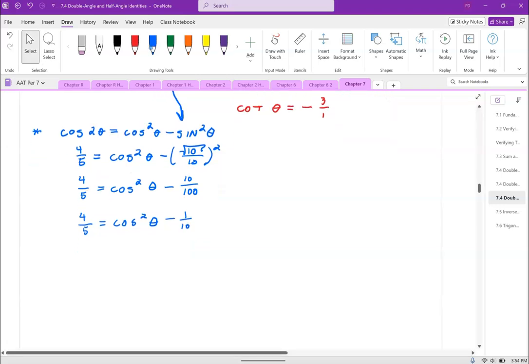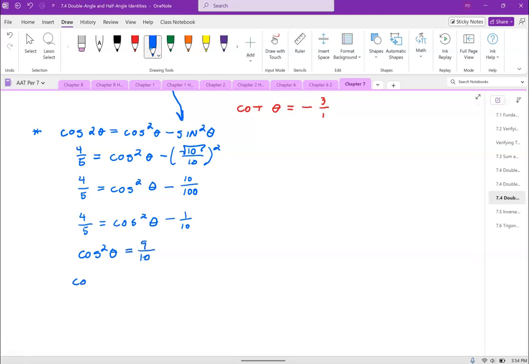Now you'll add it over there. So cosine squared theta is equal to 9/10. Cosine of theta is equal to plus or minus 3 over root 10. Again, we're in quadrant 2, so you know it's negative, and we got to rationalize it, so negative 3 root 10 over 10. So you'll notice I can get the cosine using the double angle, but it's a lot longer.